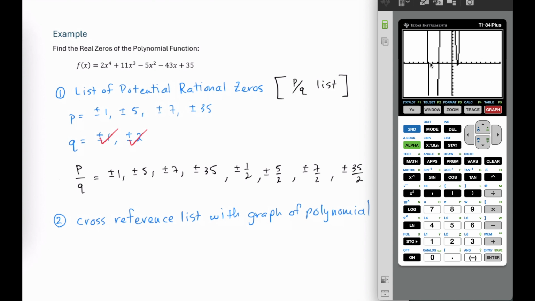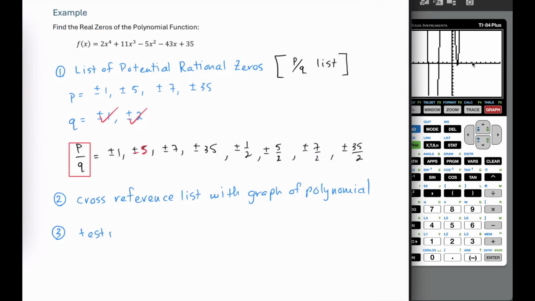We're looking to see which of the values in this P over Q list appears to also be an x-intercept. Now, it looks like we could have an x-intercept here at -5, and -5 is in our P over Q list, but these values are a little bit iffy. They don't appear to be exactly on the integers.